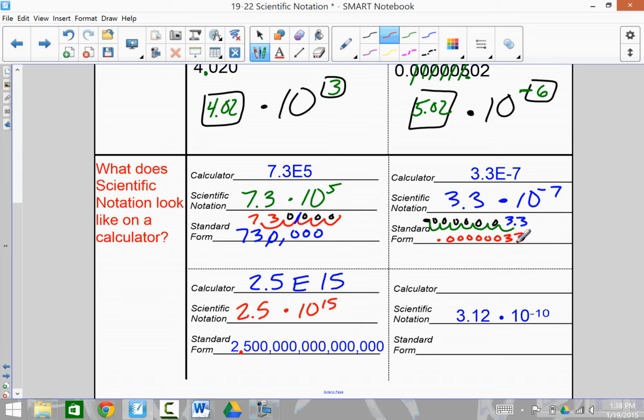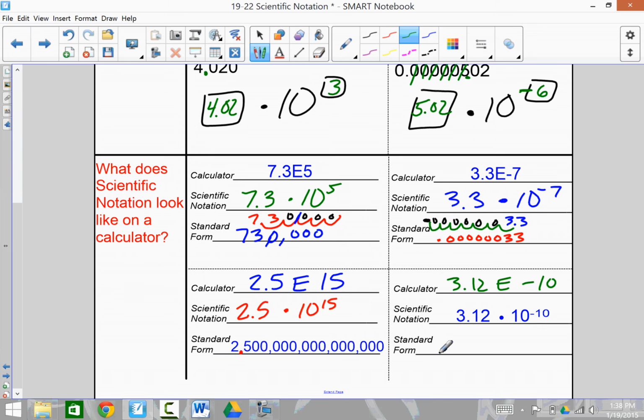Really small number. Why don't you give it a pause and give this very last problem a try, and then come back and check your answer. Okay, let's take a look. You should have 3.12E negative 10. That's what calculator language would look like for the scientific notation number.